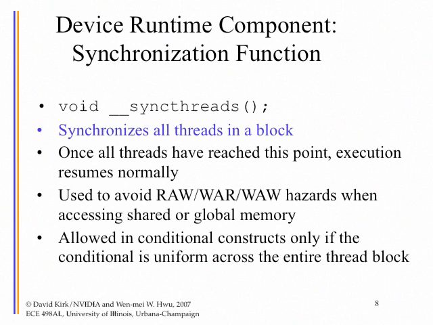Then the barrier synchronization is followed by all the computation that will be reading from the shared memory. So that's why it's called a read after write dependence. Adding that synchronization makes sure that all the writes are complete before any of the reads start, and that cleanly enforces all the dependencies.